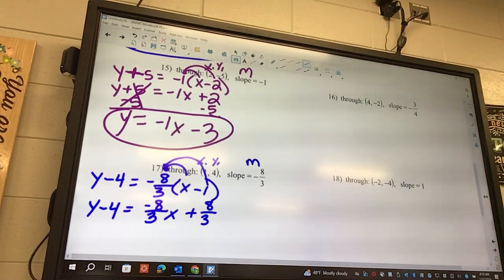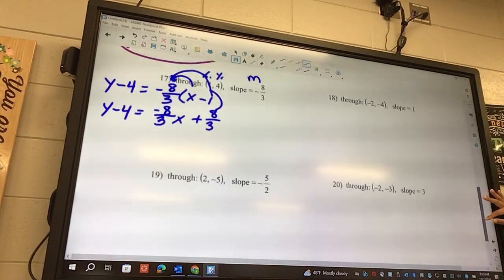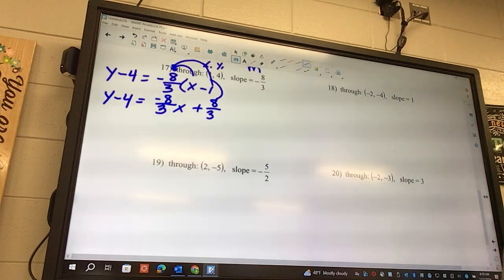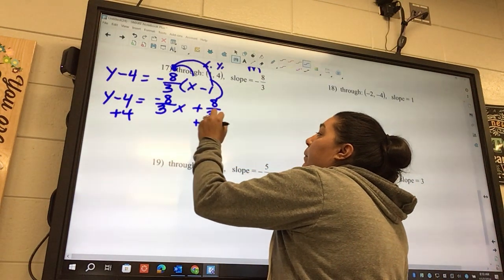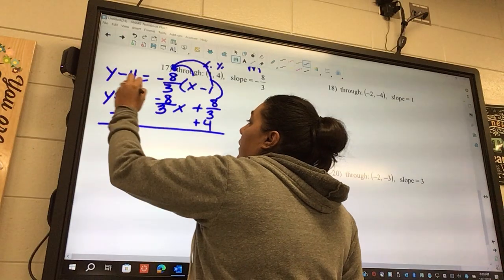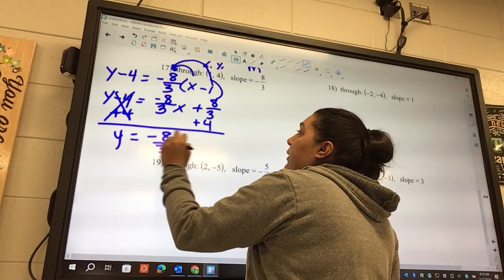Okay, and then what's always our last step? To move the number next to the y, which is gonna be what? Add the 4. So we're gonna say plus 4. So we get y equals 8/3x.